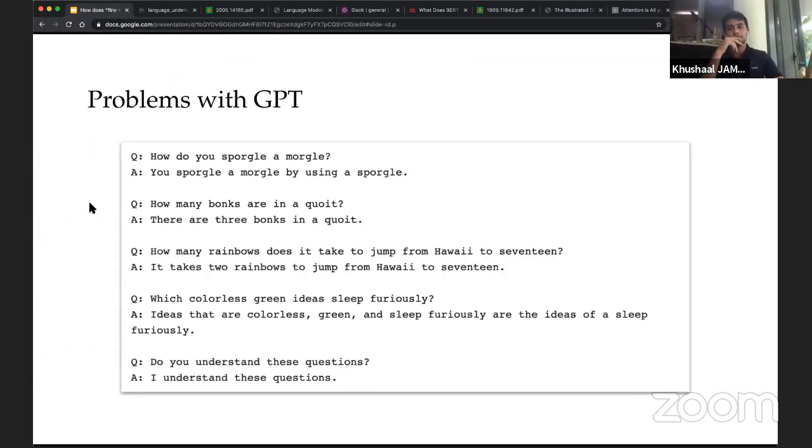So grounding the model in the sense that humans are grounded in reality, right? So the reason why this makes no sense for us is because we assign a meaning within the real world to each of the vectors that we produce in our head, right? And Spruggle and Morgel don't really trigger anything for us.